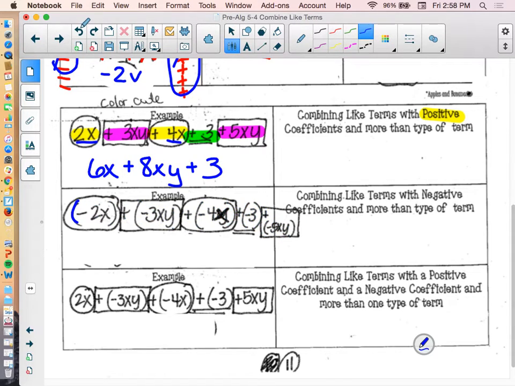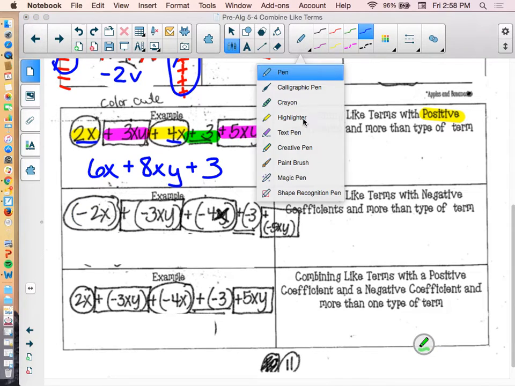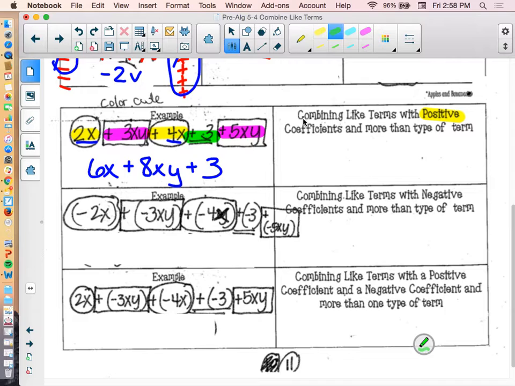I'm just going to take that off so it's not confusing with the colors. Now we're going to highlight the different colors. Let's start with yellow. Negative 2x has to go with negative 4x because those are both just x's. Next, I'll do the xy, negative 3xy and negative 5xy.